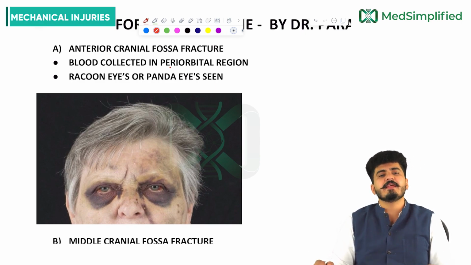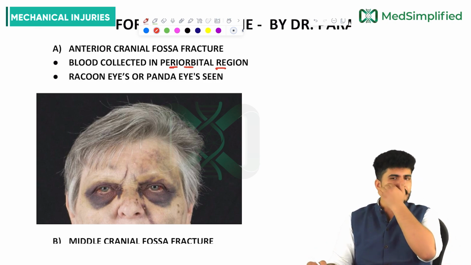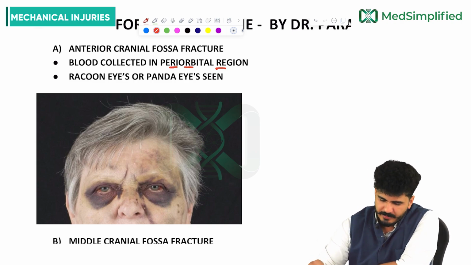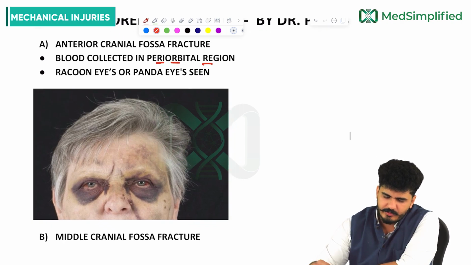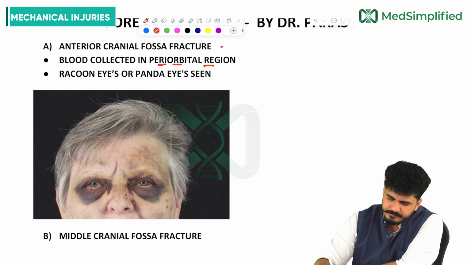Anterior cranial fossa fracture, the blood collected in the periorbital region. This is periorbital region. Anterior cranial fossa fracture, you will see raccoon eye or panda eye. There will be an injury to the cribriform plate.